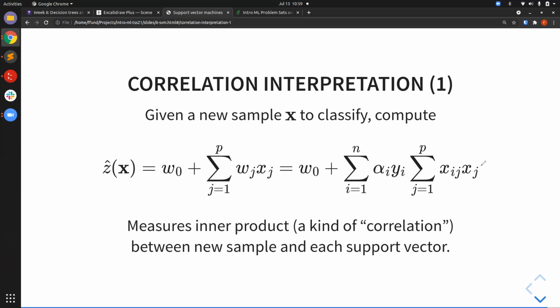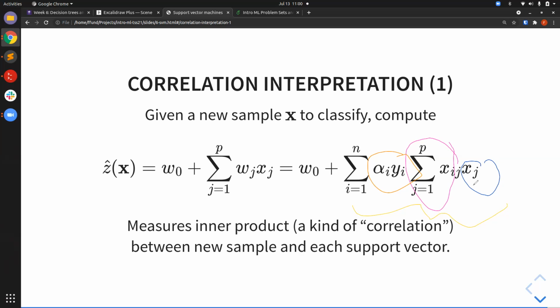This here is the new point we want to classify, and this takes the dot product of the new point and each of the support vectors. It's a weighted dot product according to alpha. We know alpha is 0 for all non-support vectors, so this entire sum is really only over the support vectors.